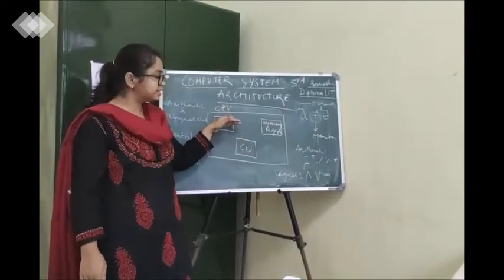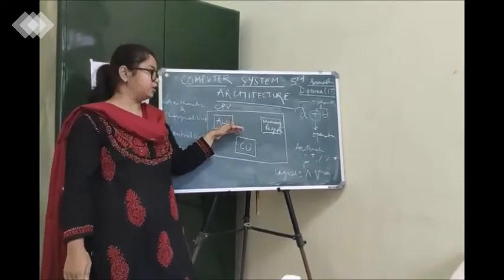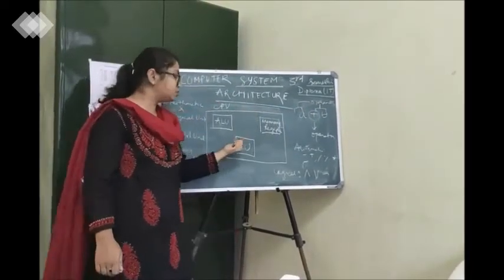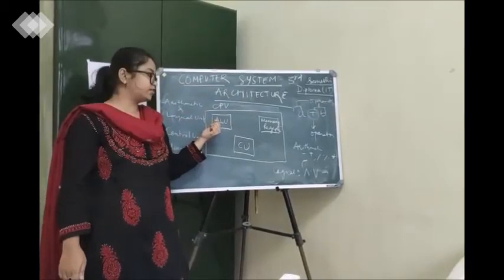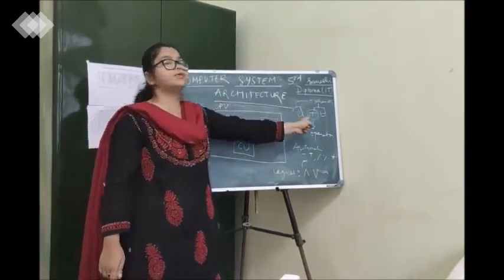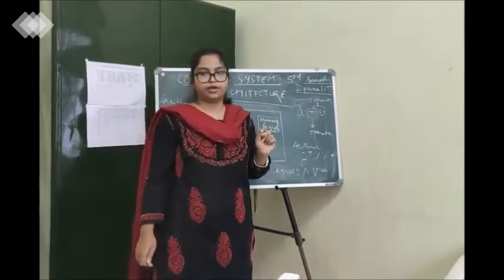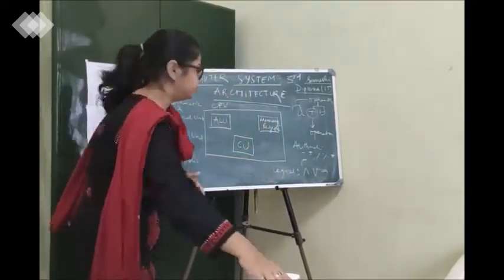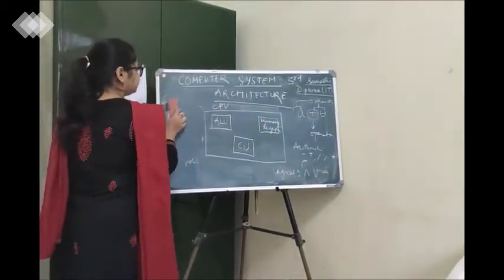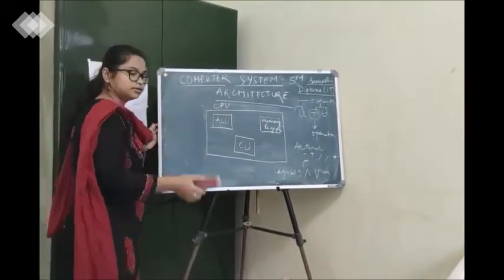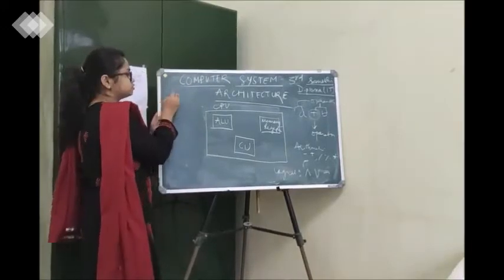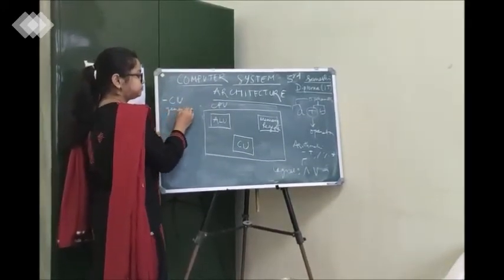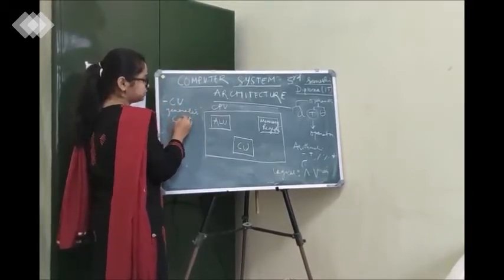When the appropriate signal reaches the ALU, only then does the ALU perform the addition operation. Without proper control signals generated by the control unit, the ALU cannot perform addition. Okay. So what is the job of the control unit? The control unit generates control signals.